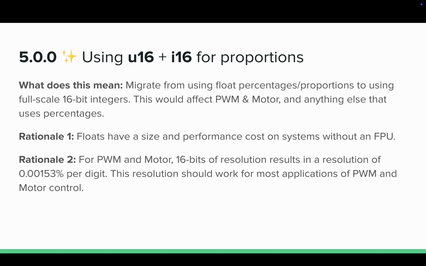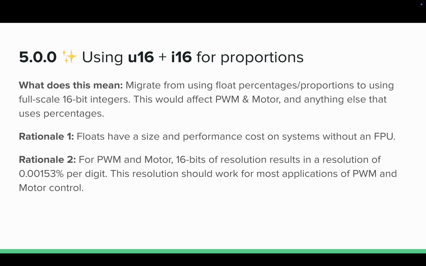Not only that, but it also doesn't add another dependency on floats where it's not necessary. And also, we don't have to do any clamping anymore. Once you use the entire range from negative to positive, clamping is no longer required because it just isn't applicable. The entire space is available to you.